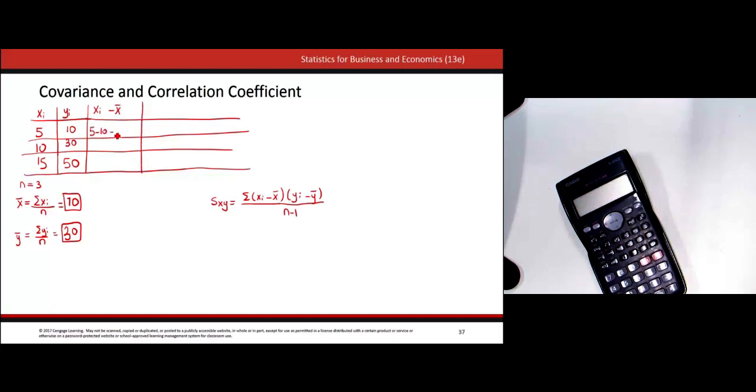So 5 minus 10 is -5, 10 minus 10 is 0, and 15 minus 10 is 5. Now yi minus y bar: -20, 0, 20.